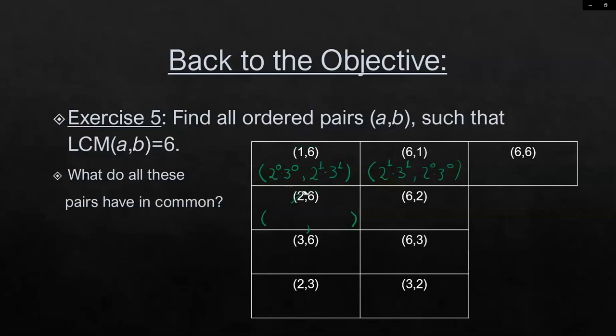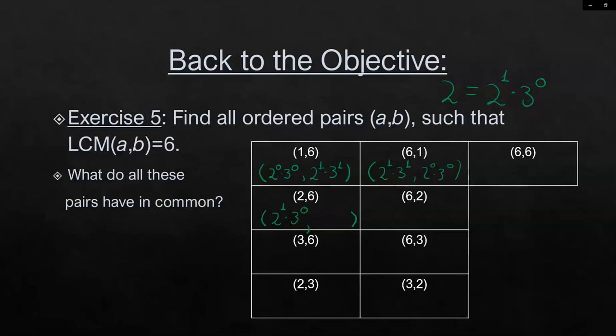As Athip mentioned, I can write 2 as 2 to the first power times 3 to the 0 power. We are just trying to rewrite all of those numbers in some similar form to this, by using 2 and 3. That's what we're trying to do. So I'm going to write this as 2 to the first power times 3 to the 0 power, because this is 1.